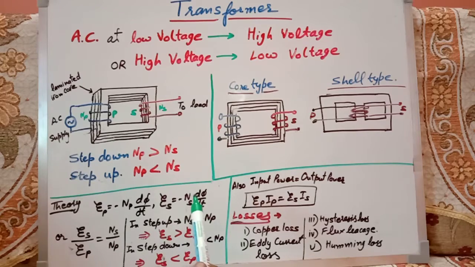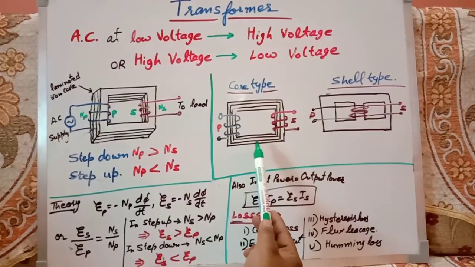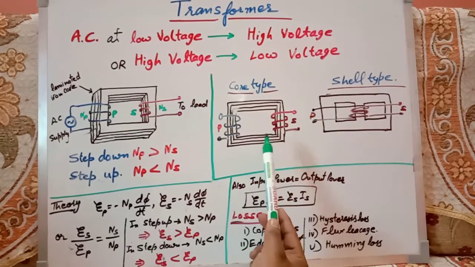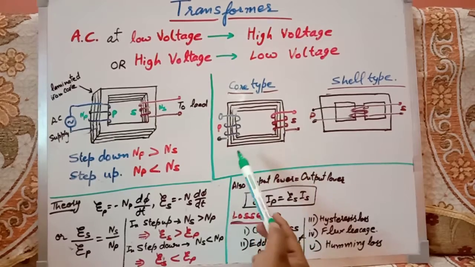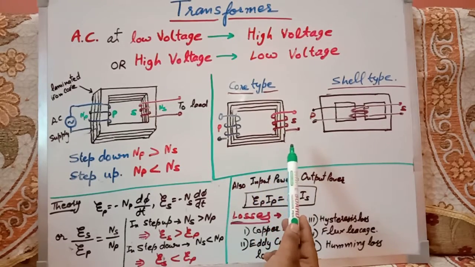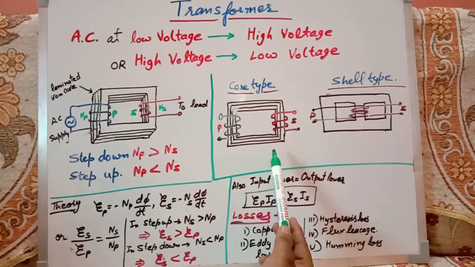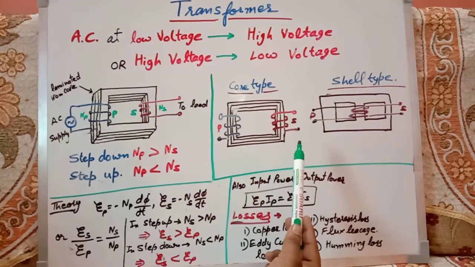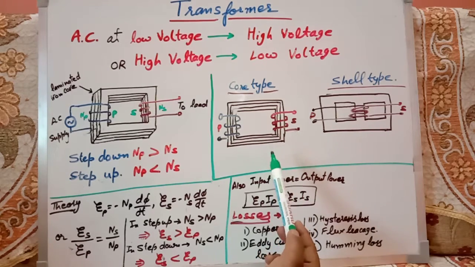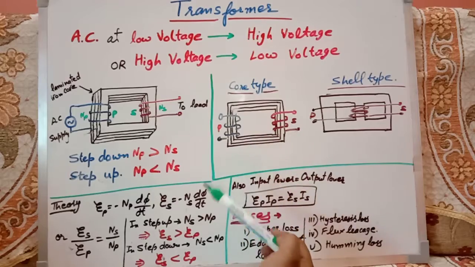Okay, actually transformers are of two types. One is core type. In a core type transformer, the primary and the secondary coils are wound on separate limbs of the core, so that the core is largely surrounded by the coils. Many modern transformers are closed core type, as shown in the diagram.